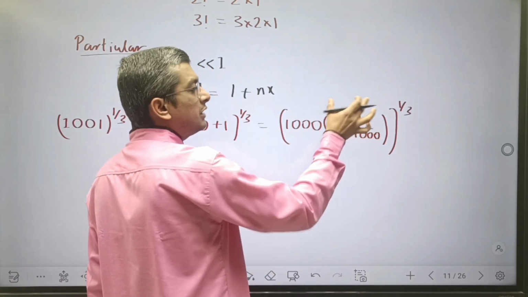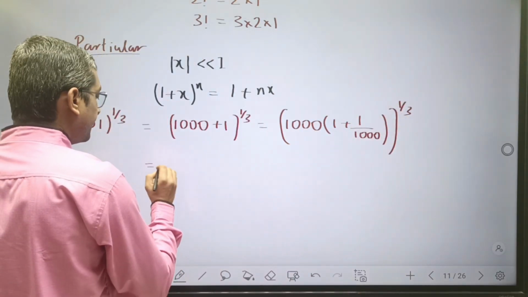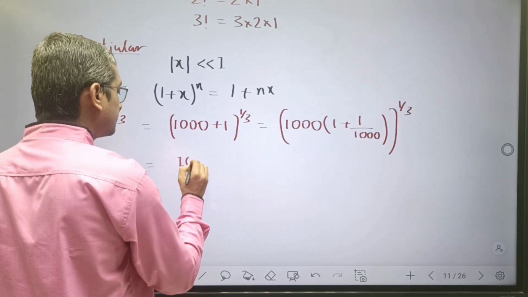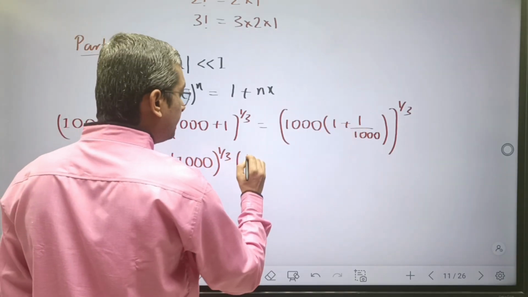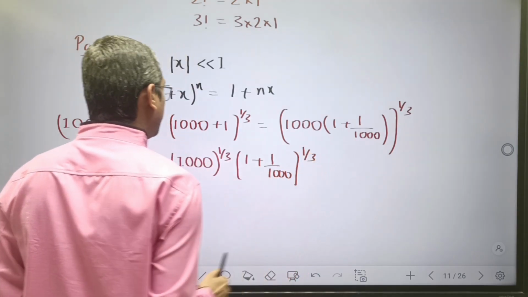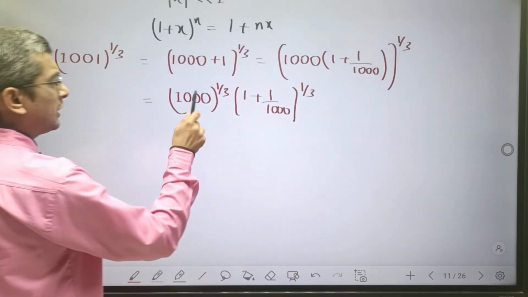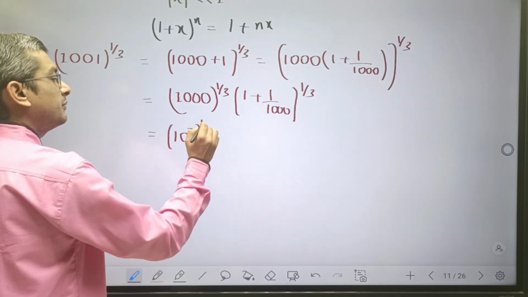Now this 1 by 3 power will come to both terms. So this will be 1000 to the power 1 by 3 and (1 plus 1 by 1000) to the power 1 by 3. This 1000 can be written as (10 cube) to the power 1 by 3.